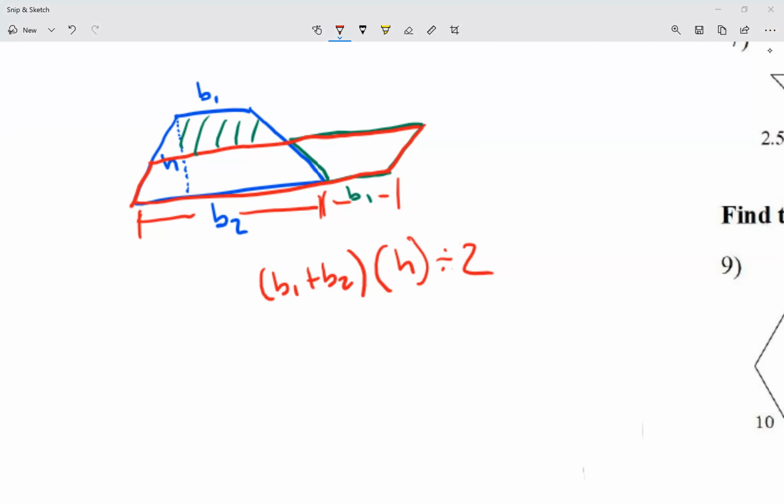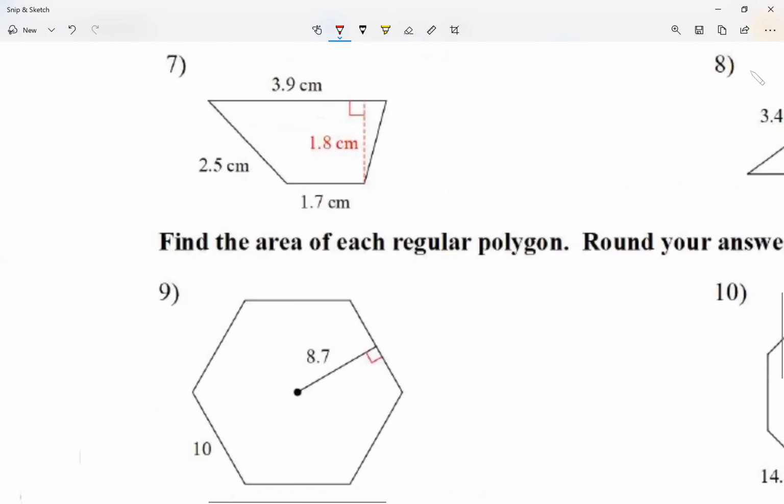So that's actually going to be the formula for a trapezoid. I'm going to add the two bases, base 1 plus base 2, and I'm going to multiply this by half of the height, or the height divided by 2. Let me explain that in an example.